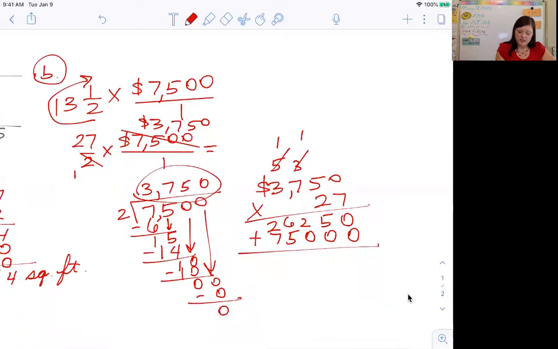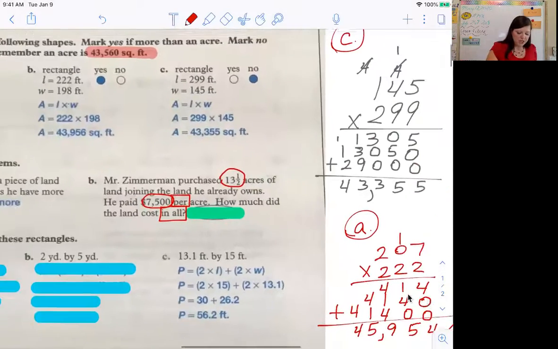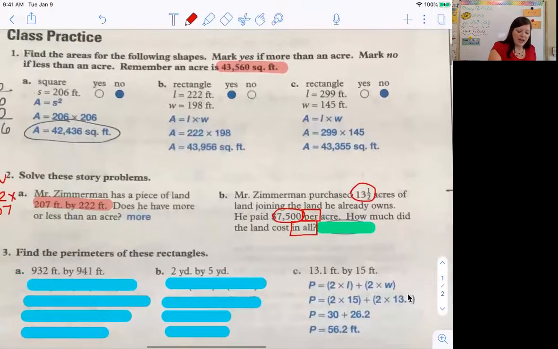Let's add our partial products together. It will cost him $101,250 to purchase the 13.5 acres of land.